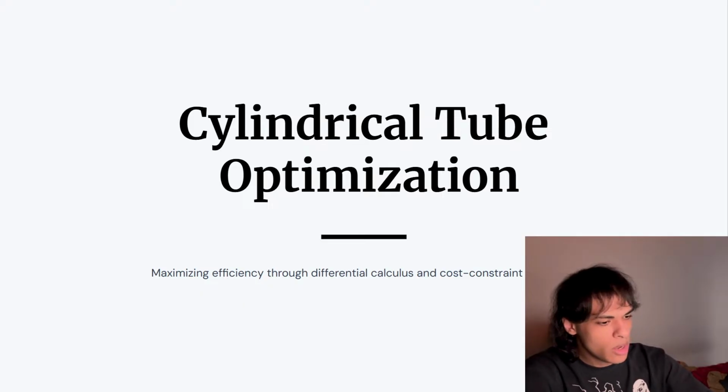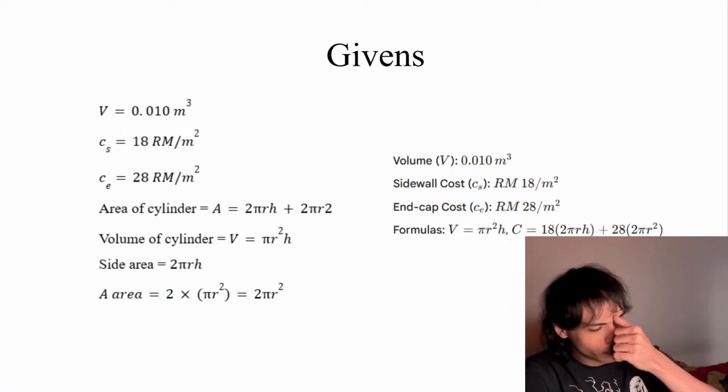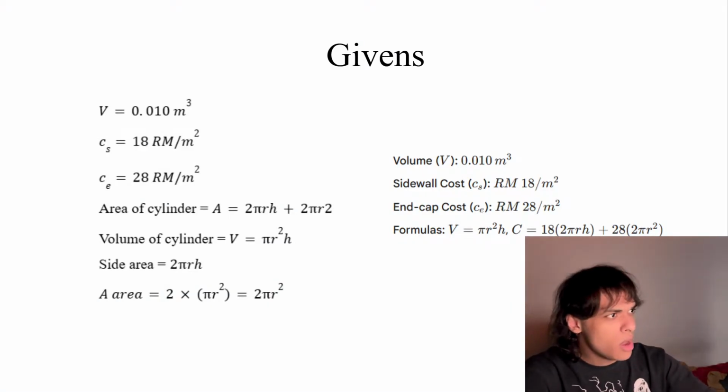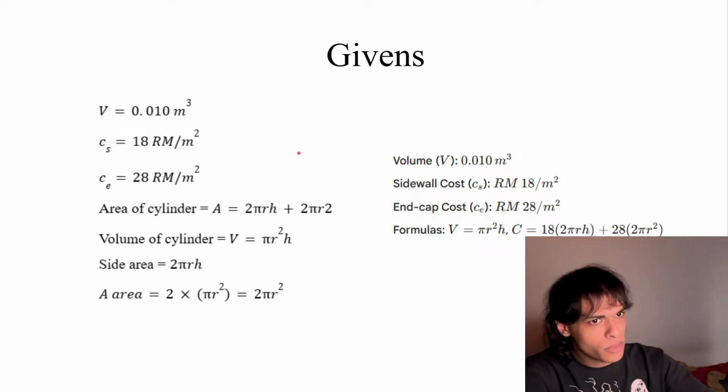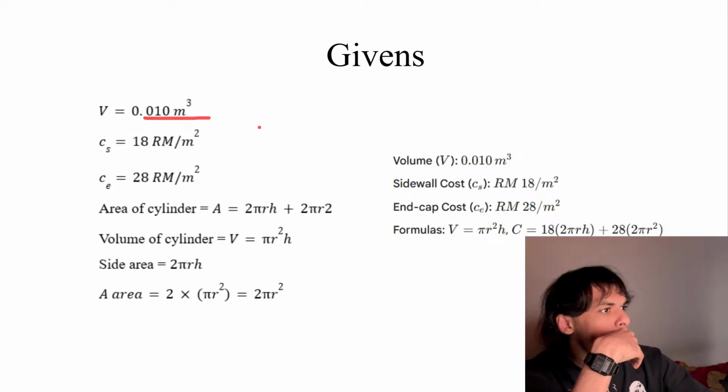So how did we go about this? Okay, so first we were given a few things. As we can see here, we were given the volume, and we were also given the price.